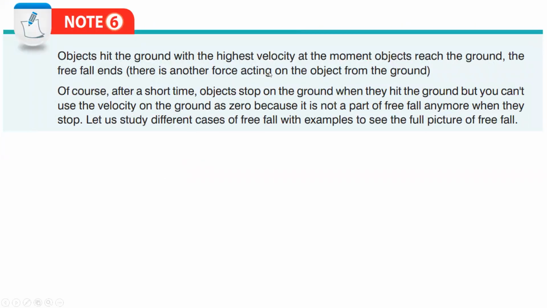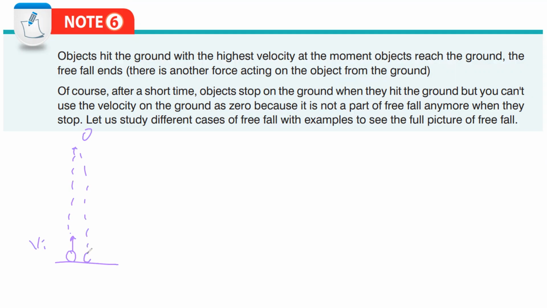Objects at the ground have the highest velocity. All right, highest velocity at the moment objects reach the ground. When an object is coming to the ground, highest velocity, highest kinetic energy. Just remember that. So we can just show, but okay. The object is coming from here, let's say the initial, and then going up, changing to 0, and coming down.